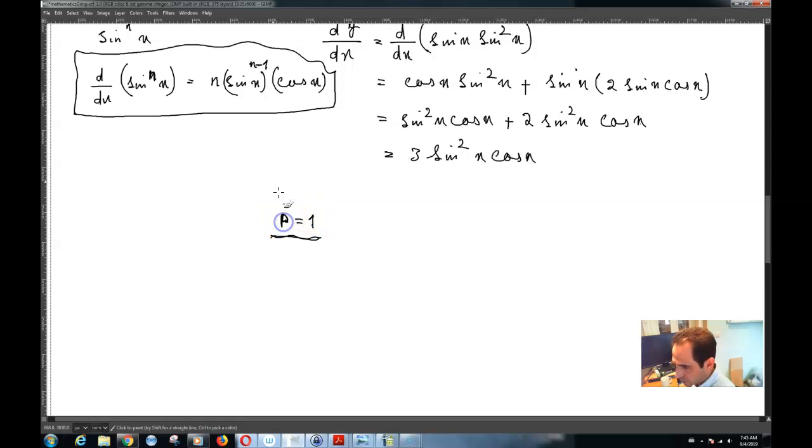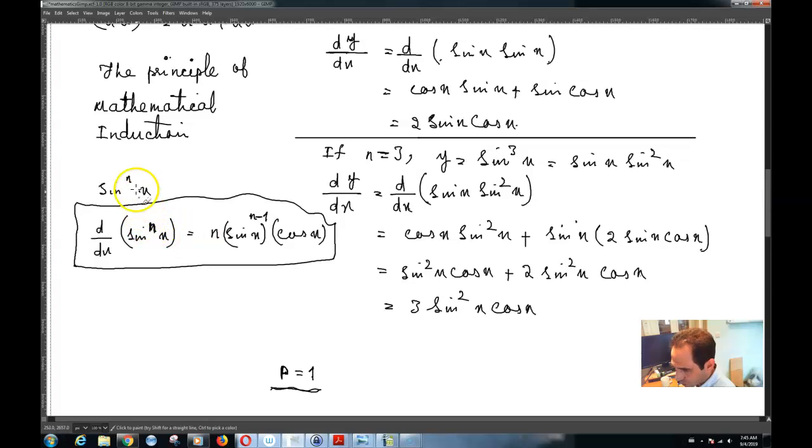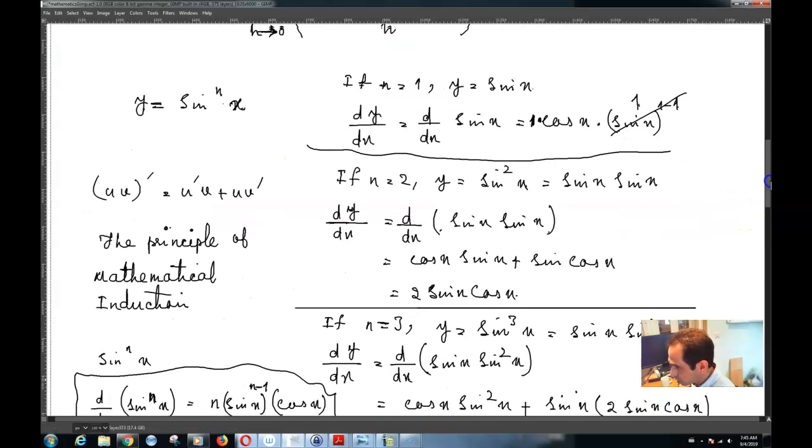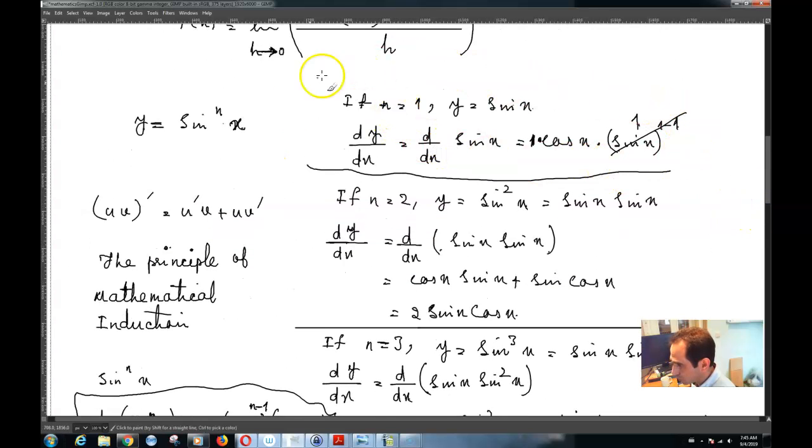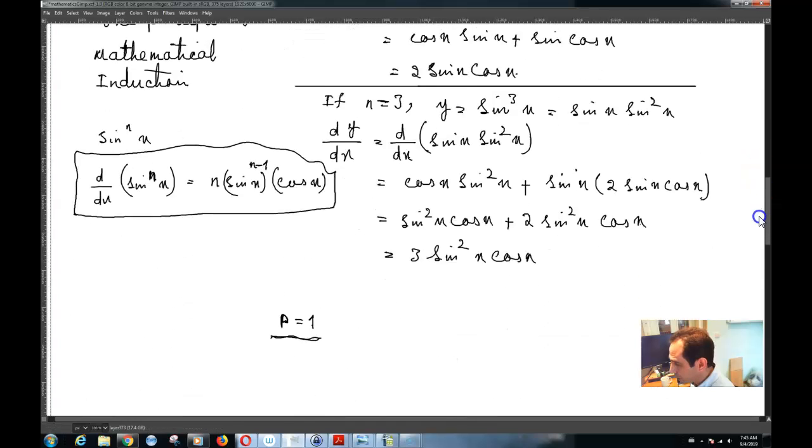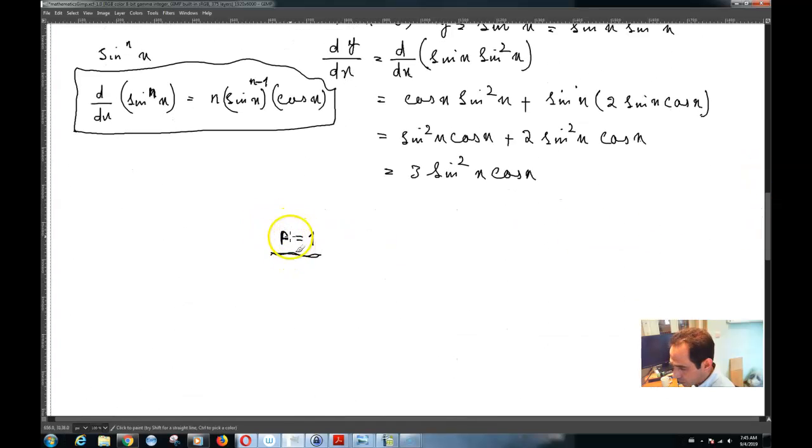Meaning that we need to show that for n is equal to 1, this formula works, which is something that you can simply show. We have already done that. And then one more thing, meaning that the formula works for n is equal to 1.